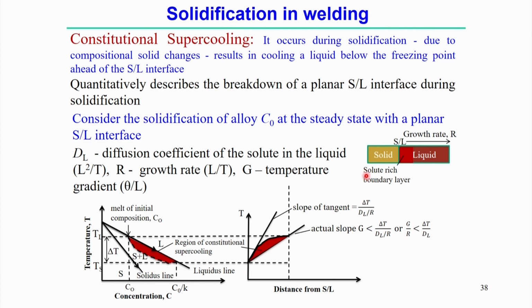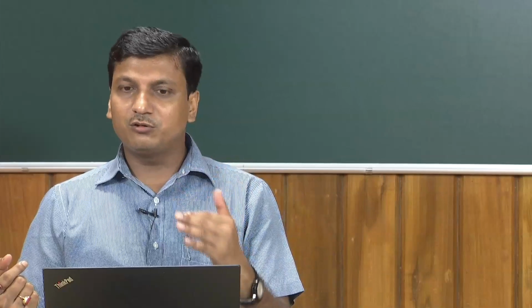So, in this case it is very obvious from the figure that the actual slope G is less than or equal to the slope of the tangent. From that point of view we have estimated, during the supercooling, the temperature difference and the distance travelled by the solid-liquid interface in terms of the diffusivity and growth rate.